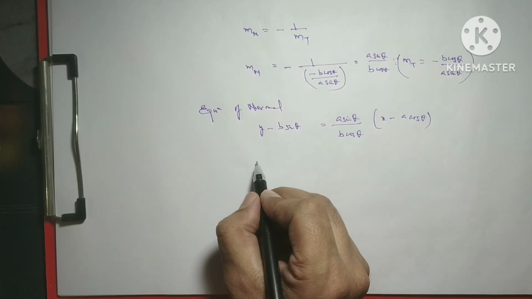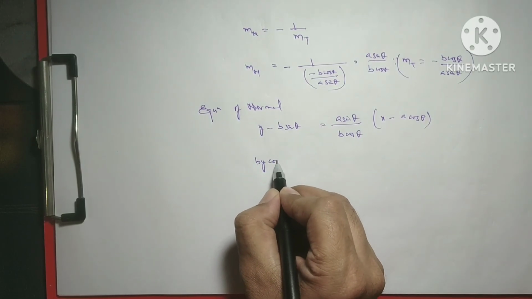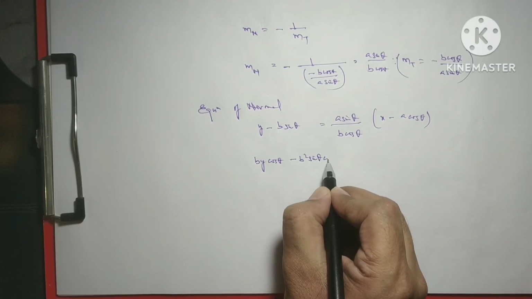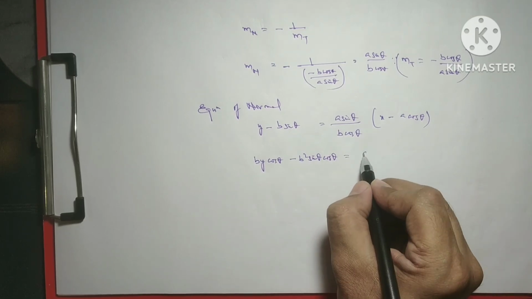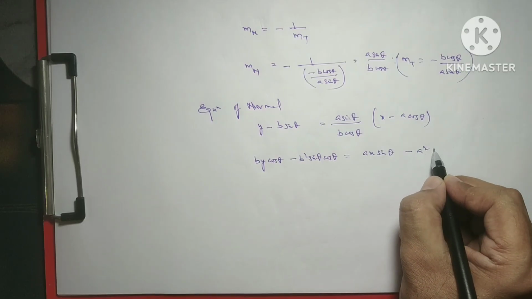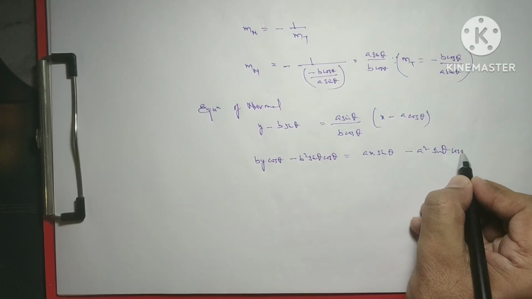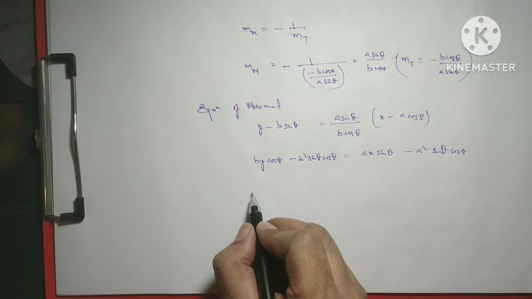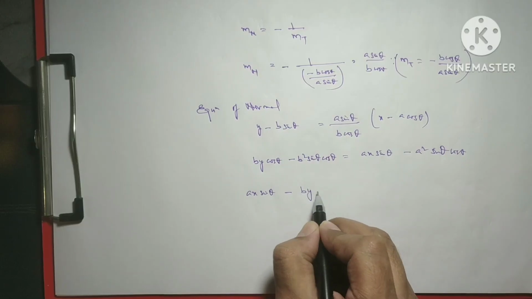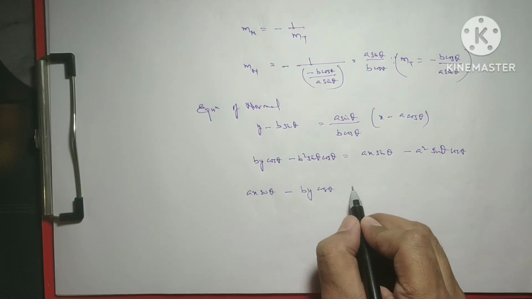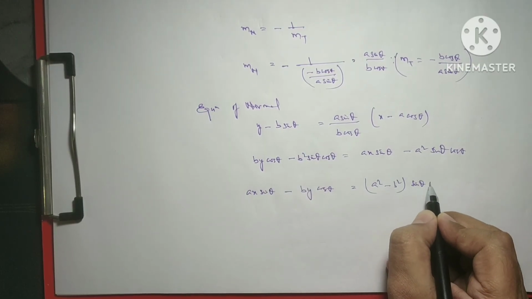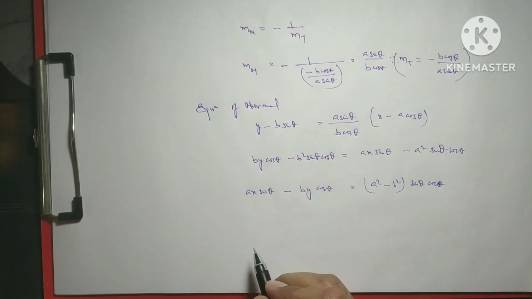So right now simplify this, we get by cos theta minus b square sin theta cos theta equals ax sin theta minus a square sin theta cos theta. So we get ax sin theta minus by cos theta equals a square minus b square sin theta cos theta. So this is the equation of normal.